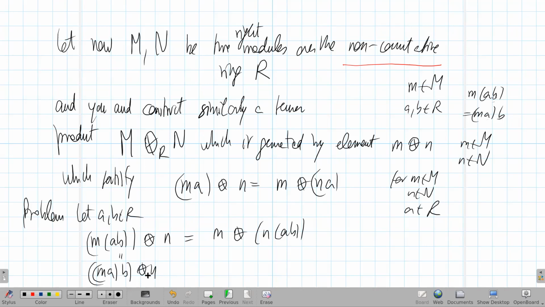But this rule tells me that you have an element of M, in this case the element is ma, which is multiplied by a scalar, an element of R, b. And so this tells me you can bring it to the other side. Let's do it. Okay, and then you can do it again.